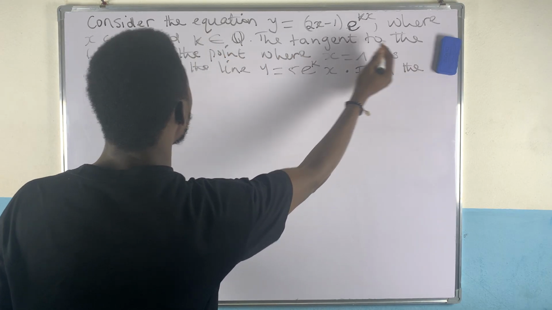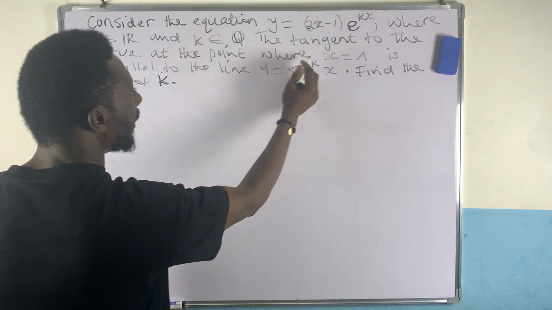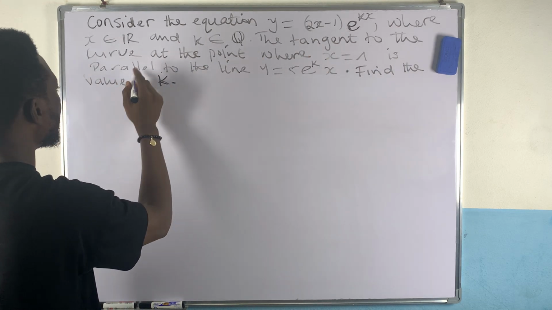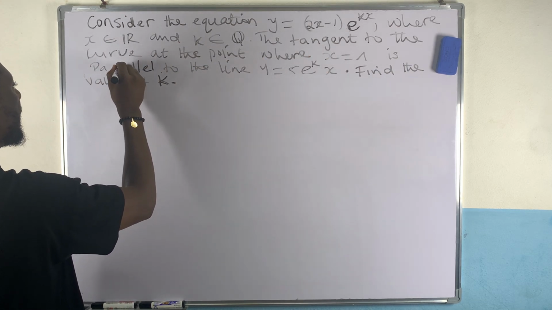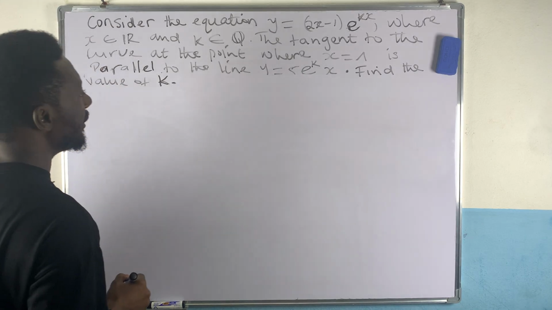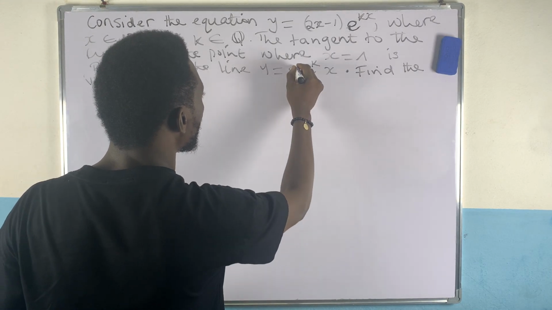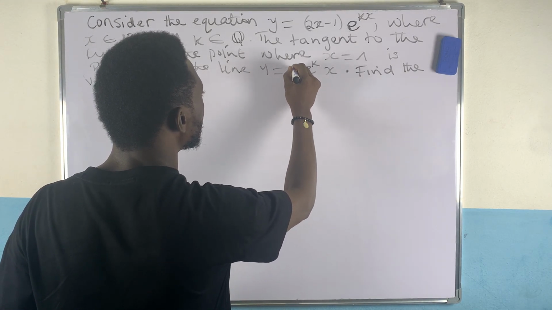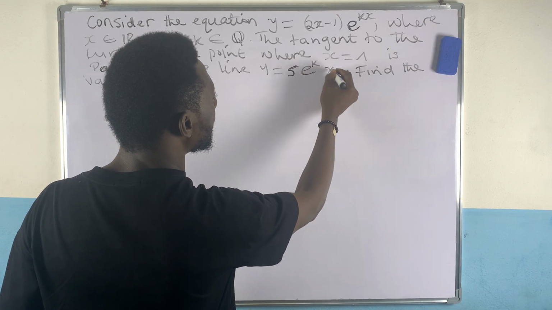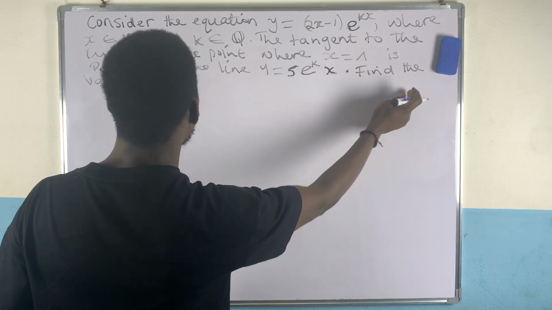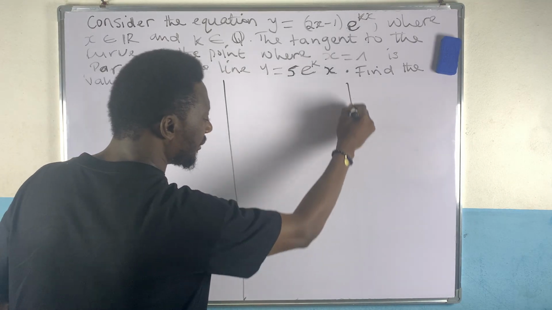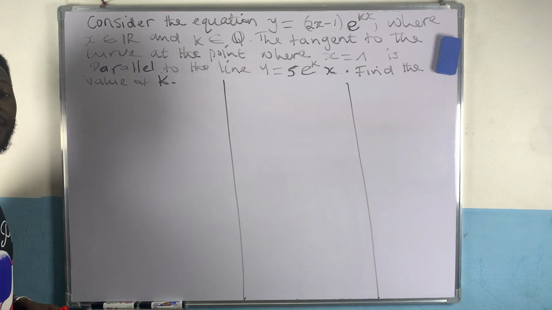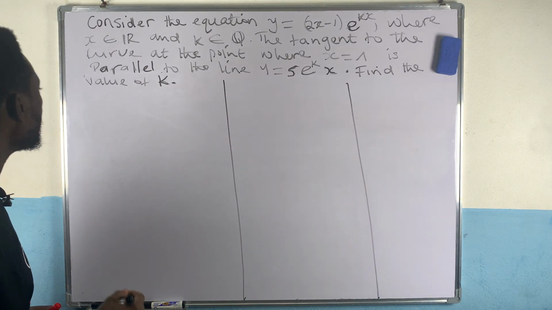The tangent to the curve at the point where x equals 1 is parallel to the line y equals 5e times x. Find the value of k. So join me and let's look at the solution together.